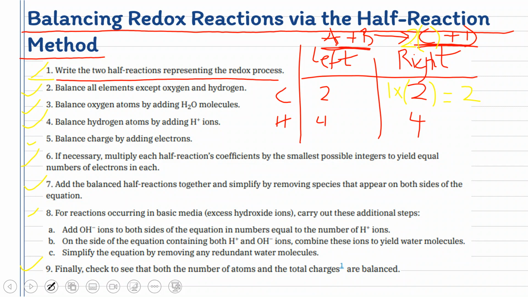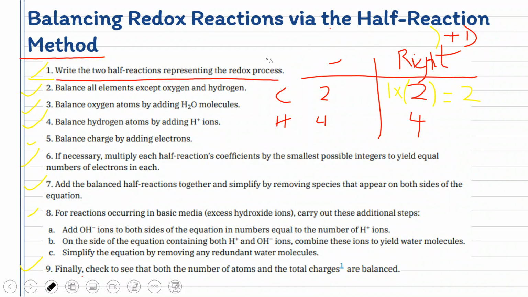If you don't know how to write a half reaction, then you're in trouble because you need to go back and remember how. So let me help you real quick if you've forgotten.